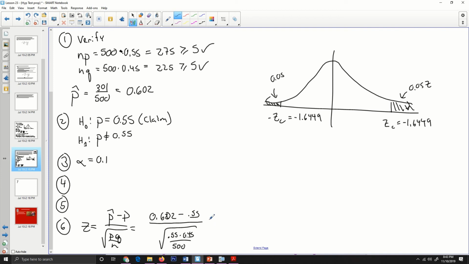All right, now if you go ahead and you calculate that, you end up with 2.337. Now clearly 2.337 is much, much larger than that value.